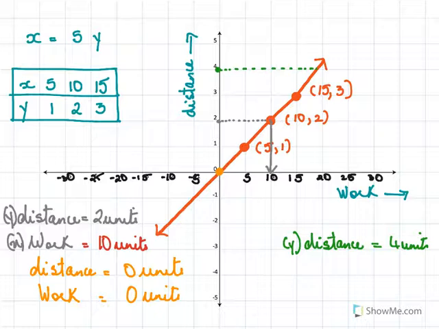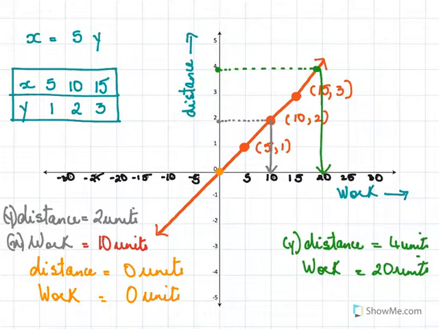So here is the point, right? And you will go straight down. Of course my graph is not very straight, it's not very proper. You draw a proper graph with your scale, and then you go down here, you'll come exactly at 20. So for distance 4 units, your work equal to 20 units.